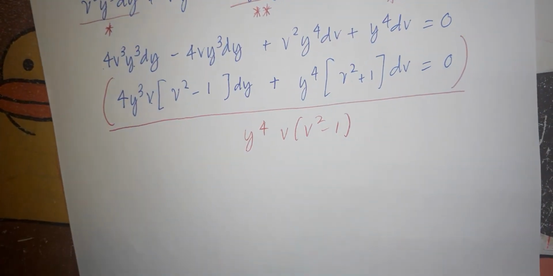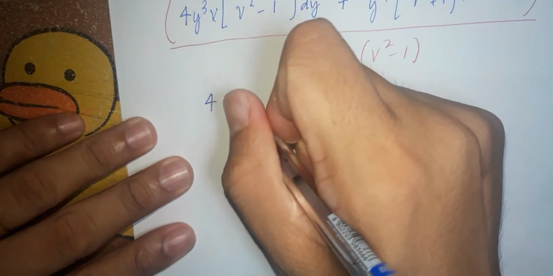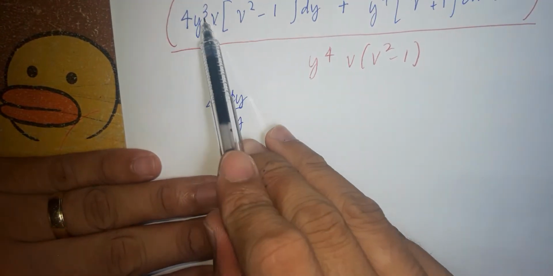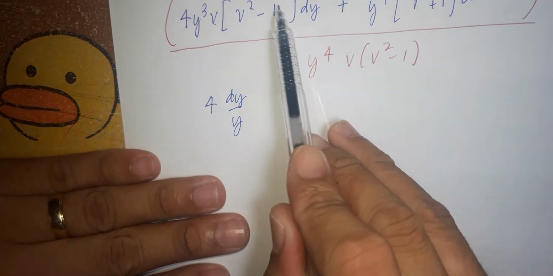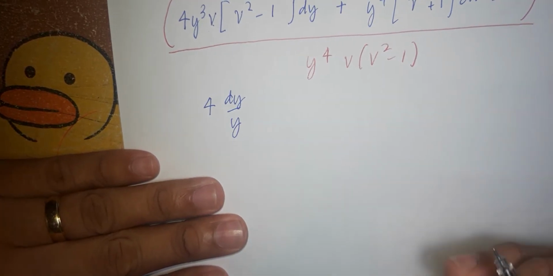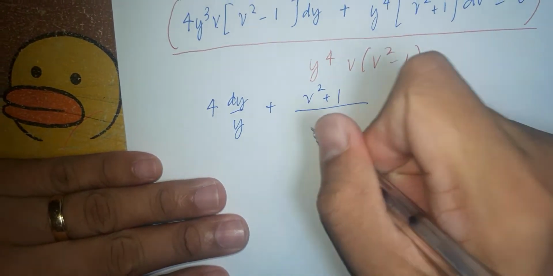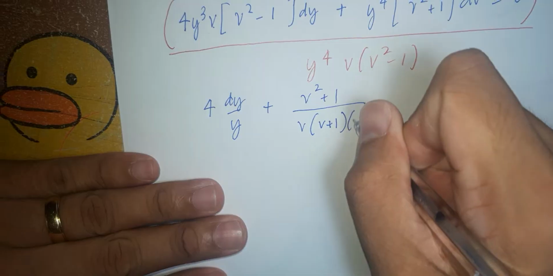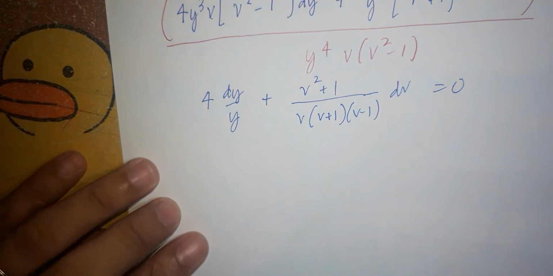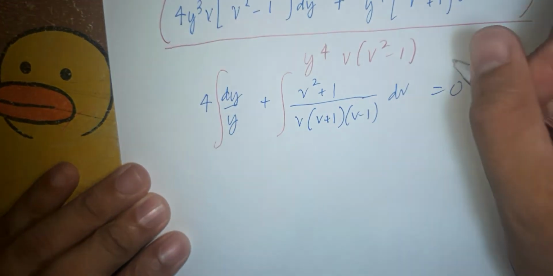So giving you 4 dy over y, that y cube and then y to the fourth, and that v times v squared minus 1 giving you 4 dy over y plus y to the fourth cancels out, gives you (v squared plus 1) over v(v plus 1)(v minus 1) dv is equal to 0. So since function of v, function of y, it's ready for integration.